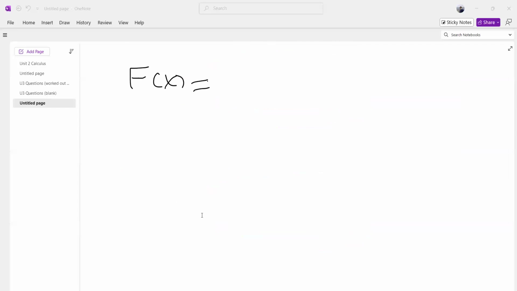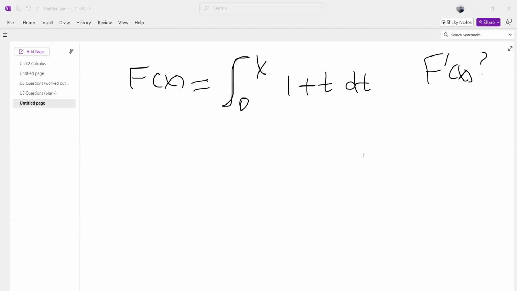But we're saying this. And we want to know what happens if we take the derivative of this. That's what prime means. And what is this saying? This statement is saying we're integrating 1 plus t.